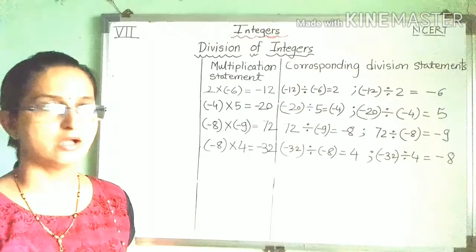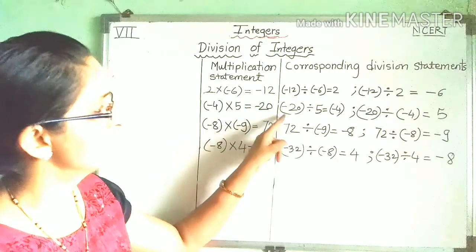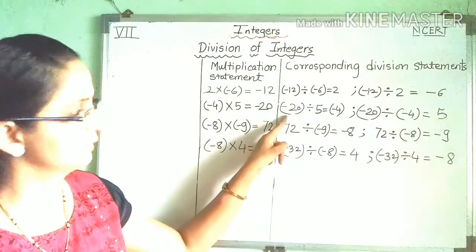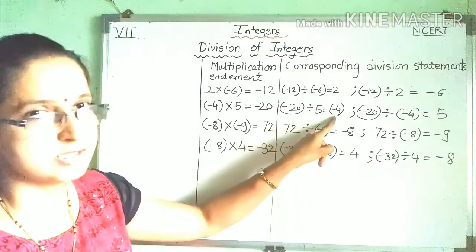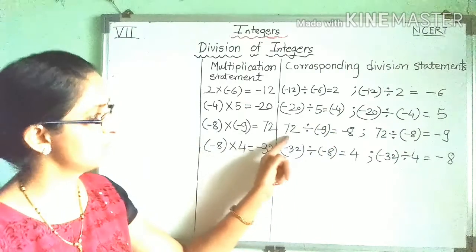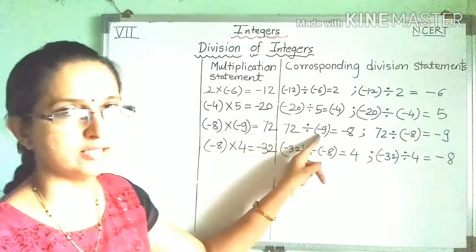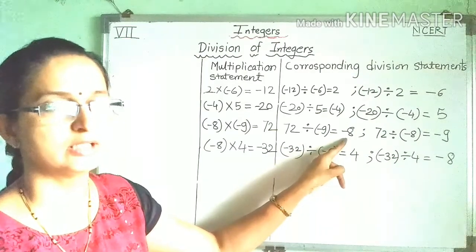Now, what we have observed here is that when we divide a negative integer by a positive integer, the quotient is a negative integer. Or when we divide a positive integer by a negative integer, the quotient is again a negative integer.